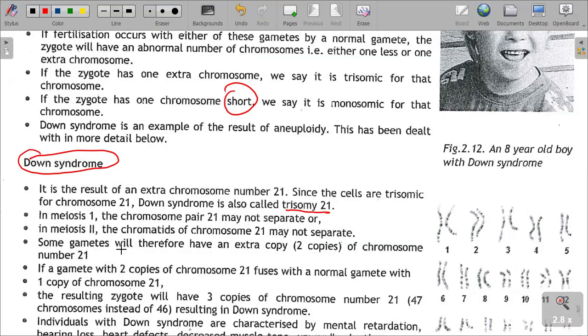Some gametes will therefore have an extra copy, that is to say 2 copies of chromosome 21.